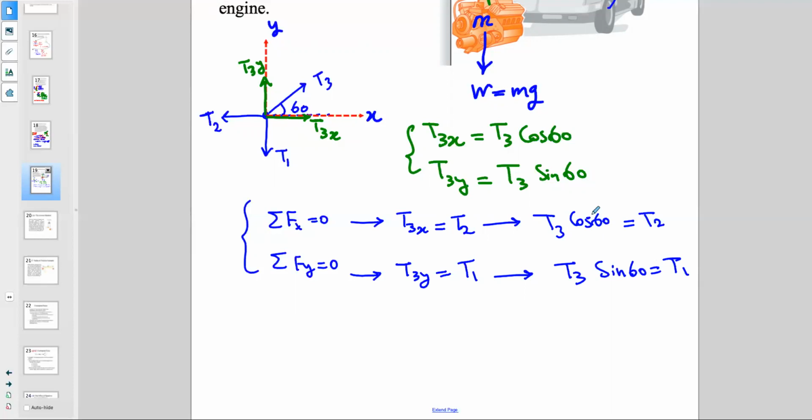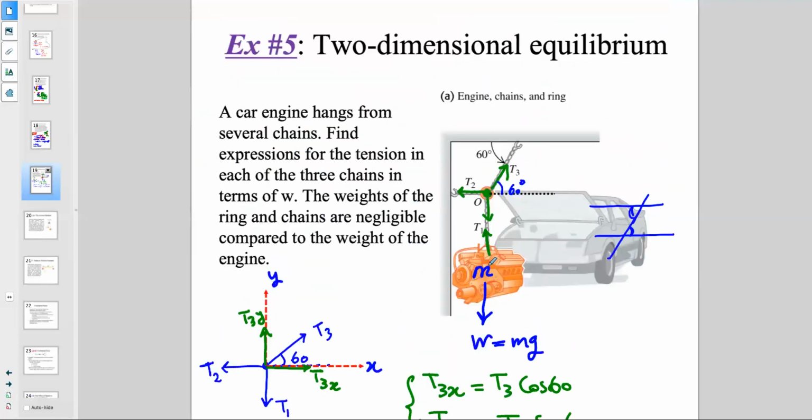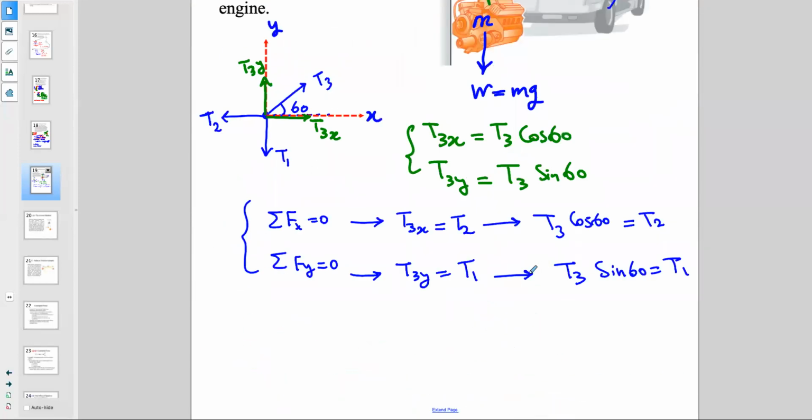Now, if you do that, then you have shown your equilibrium equations along the x and y. Now, this engine is staying still, right? This engine with a mass m with a weight of W or mg is staying at equilibrium as well. So for this object, we have to have equilibrium both along x and y direction. So for the engine, we have W, which is mg, being equal to T1, okay?